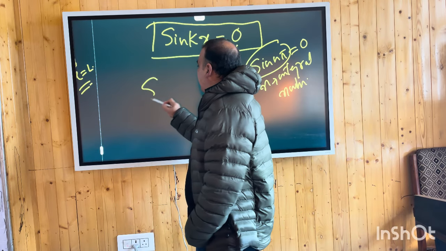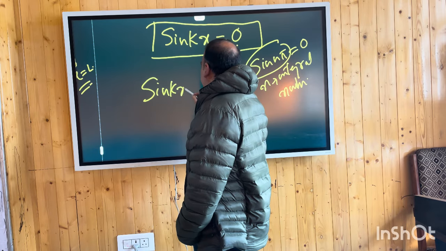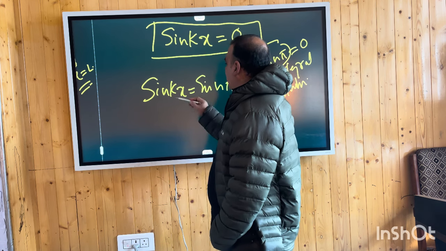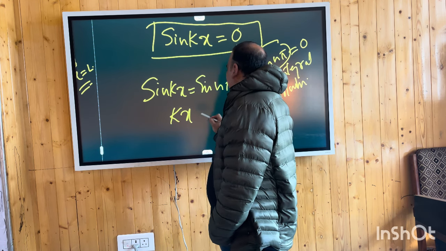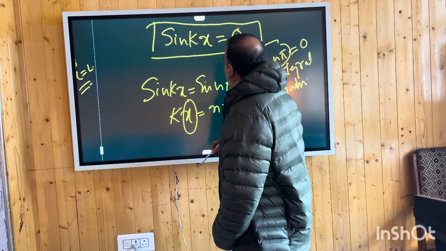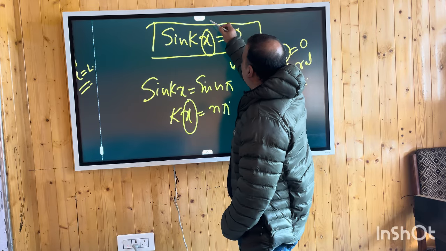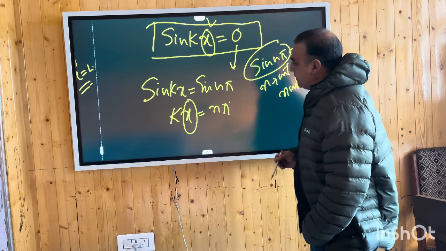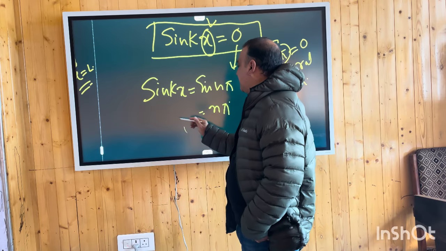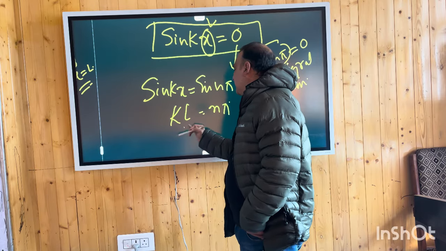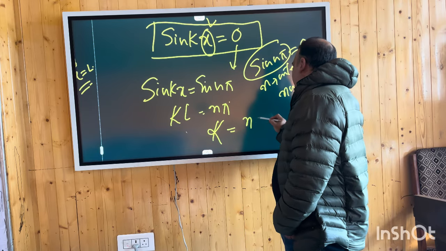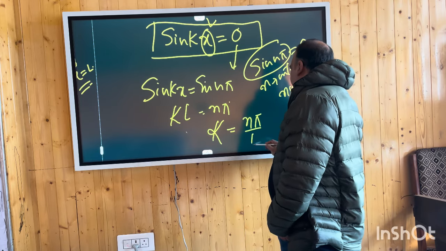So sine of kx is sine of n pi, and we can remove the sine and write kx equals n pi. Now this x has changed to L the moment I have used the boundary condition. So this is kL equals n pi. So we have found the value of k equals n pi by L.